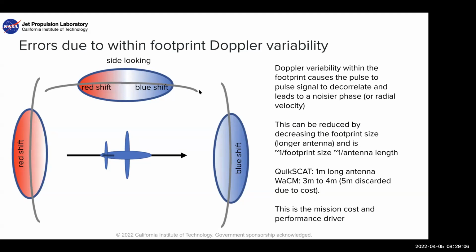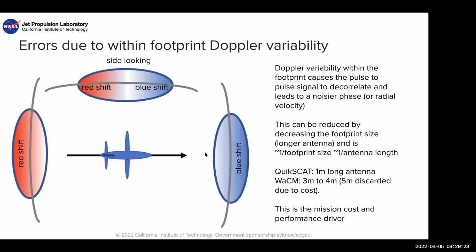So clearly that's going to be the noisiest measurement. Typically we get a cross-section along a range slice indicated here by this gray thing. So this is our largest error. When we look back or forward, we're consistently either redshifted or blueshifted, and this is where our lowest errors are.